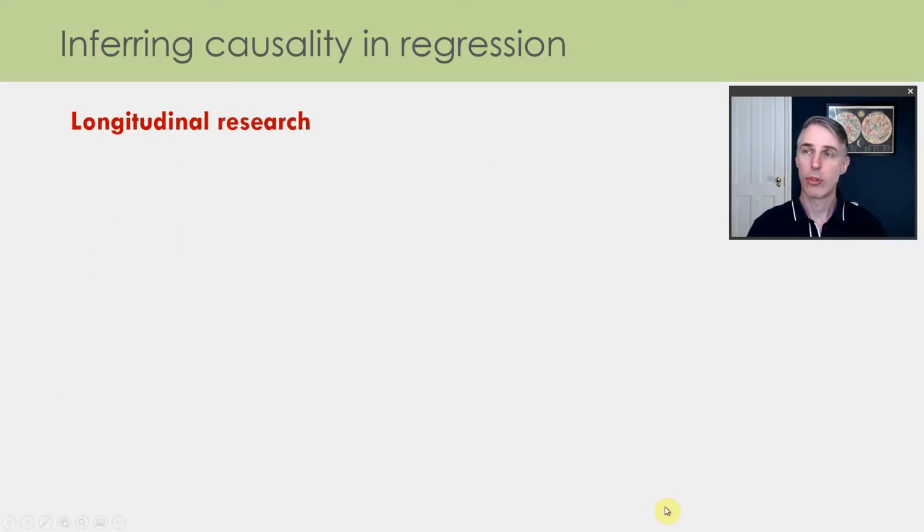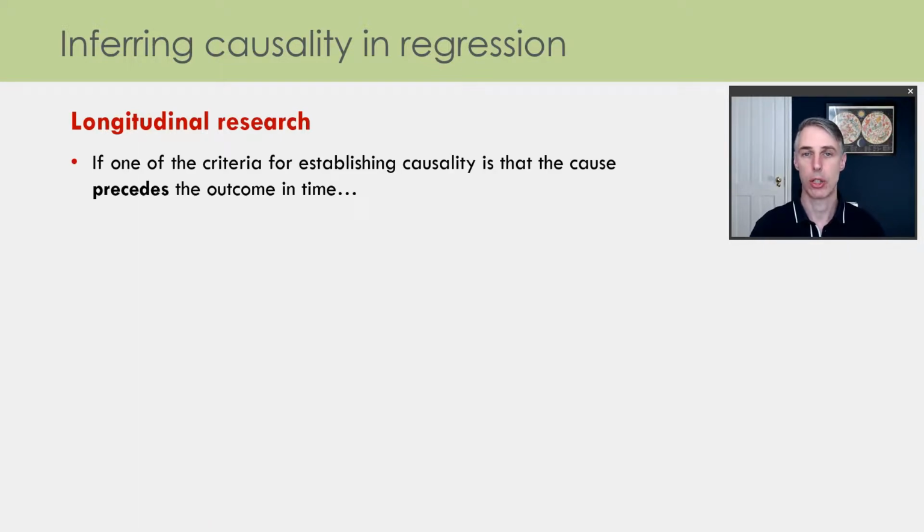So one way of trying to get a better handle on potential causal relations is through longitudinal research. Rather than taking an experimental route to testing causality, direct manipulations of certain types of variables, for example, just may not be possible.